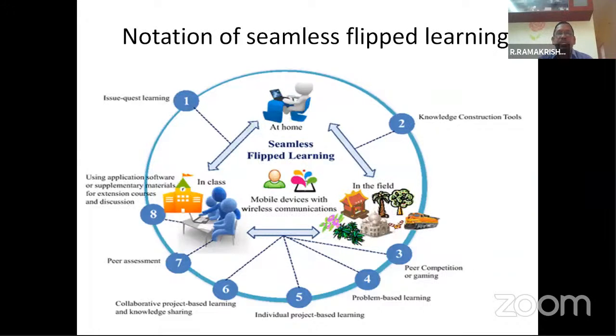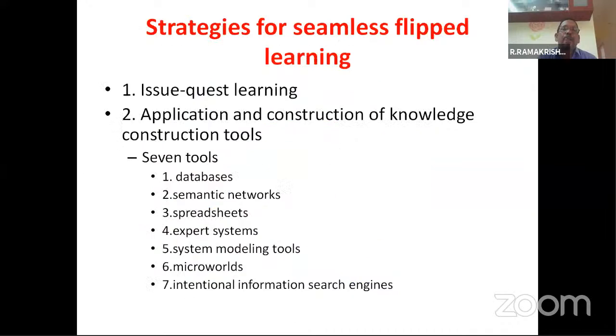Here: competitions or games, problem-based learning, individual project-based learning, collaborative learning, peer assessment, using application software or supplementary material for extension courses, and discussion. These are all the main concepts. This is how mobile devices and wireless communications are linked one over the other. Now we'll discuss what they are going to do in each part.